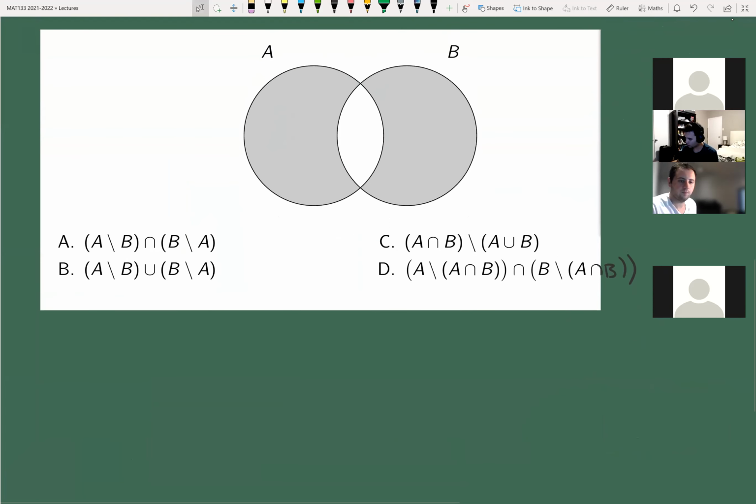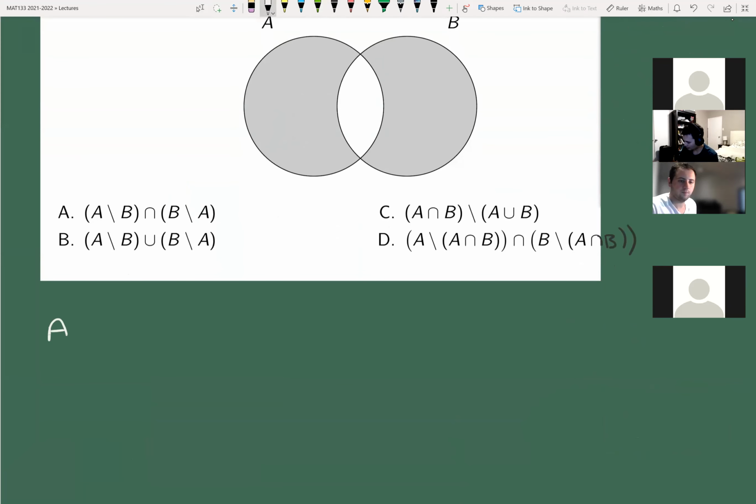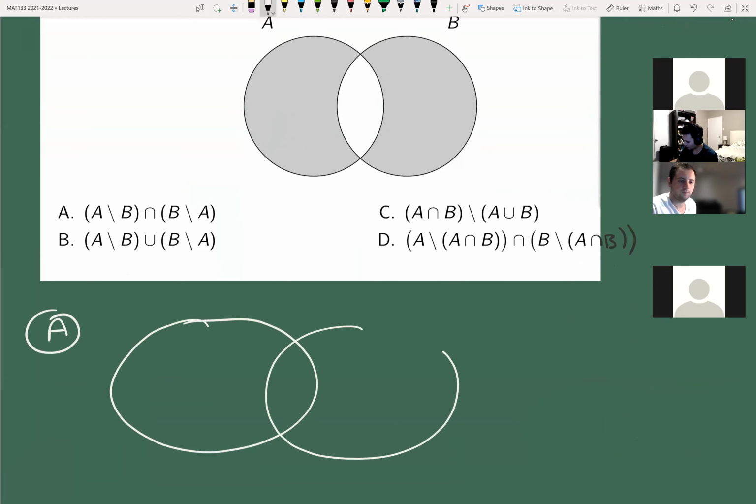So I think what we should do is try and draw each of these problems, right? So for part A, let's draw our Venn diagram. So we have A without B. Okay, so A without B is this part. Right?